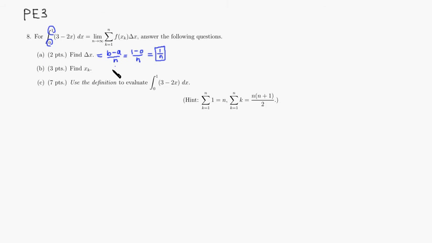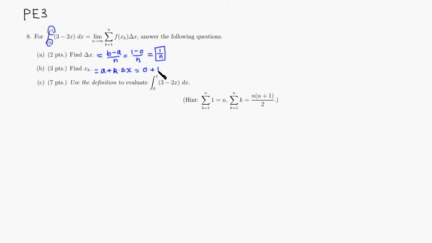Right? Then a_k is going to be simply a plus k times delta x. So in this case, a is 0 plus k times delta x, which is 1 over n.